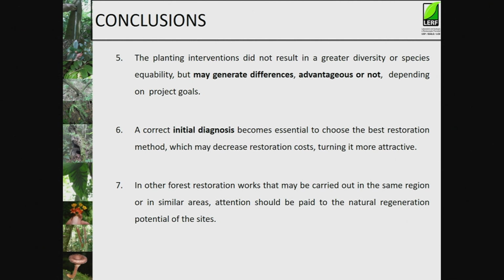And reinforcing what we are seeing in this Congress, a correct initial diagnosis becomes essential to choose the best restoration methods, which may decrease the restoration costs, making it more attractive. And in other forest restoration that may be carried out in the same area, in the same region or in similar areas, we should pay attention to the natural regeneration potential of the sites.